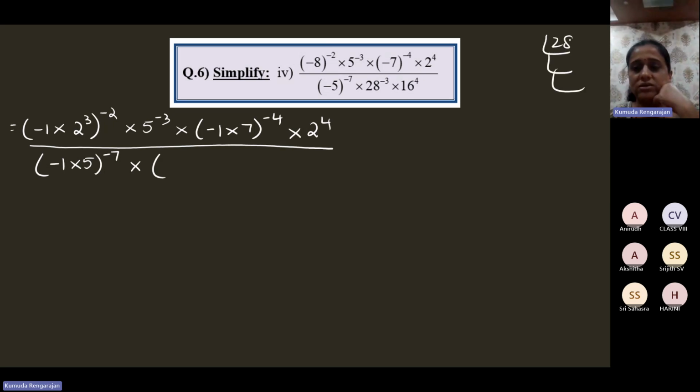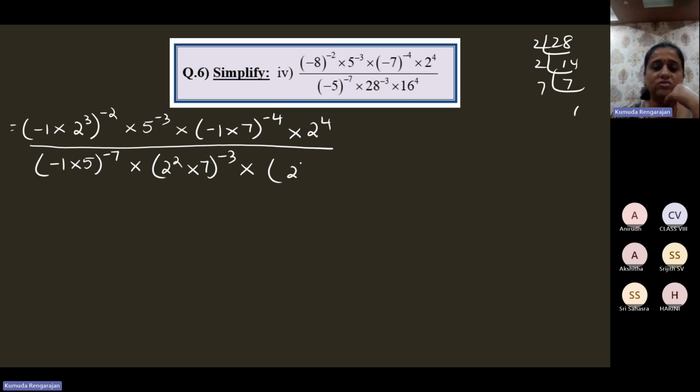Find the prime factors: 2 squared into 7, the whole power minus 3 into 16 is 2 to the power 4, the whole power 4.